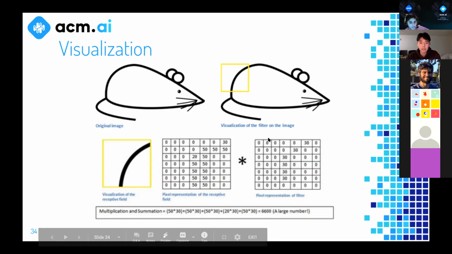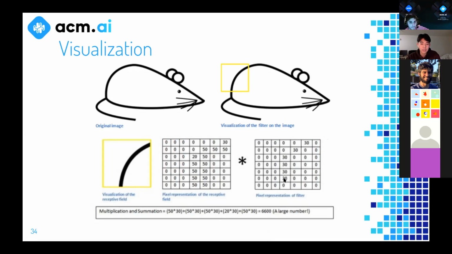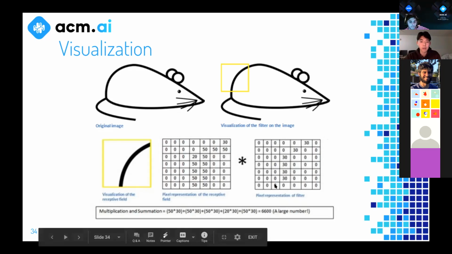In this particular case, we have a filter that looks like this. If we were to translate this filter into an image, we would expect a little curve in this filter, right? So intuitively, if we apply this filter to this portion of our image, when we multiply and sum all of this, we're going to get quite a high number.